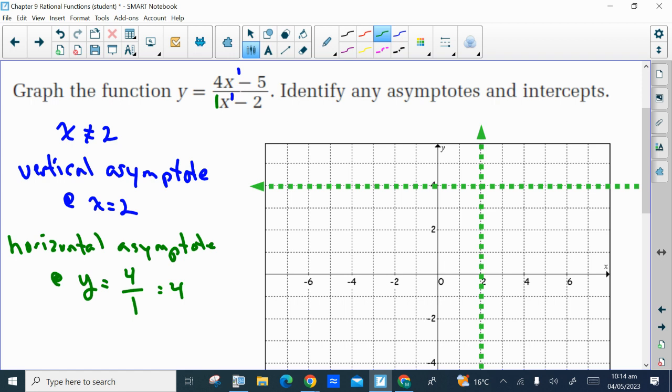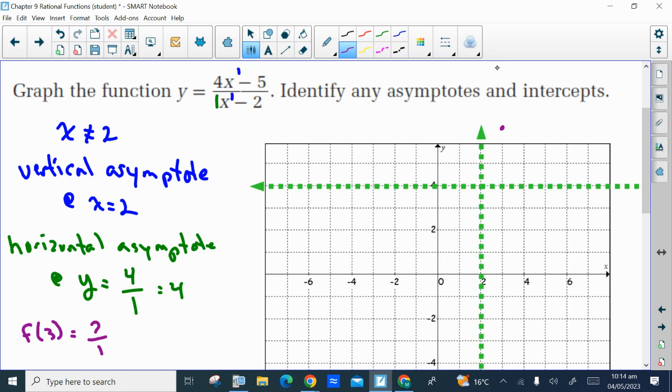So for example, when x equals 3, f of 3 will be 4 times 3 on top, which is 12. Take away 5 is 7. On the bottom, 3 take away 2 is 1. So it goes to the point 3 comma 7, which is up here somewhere.